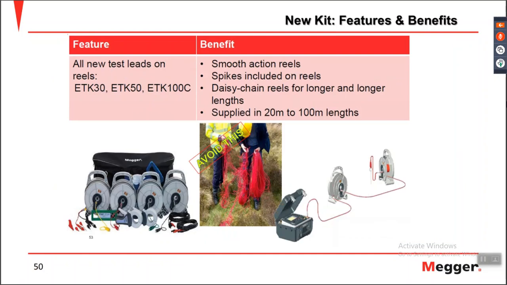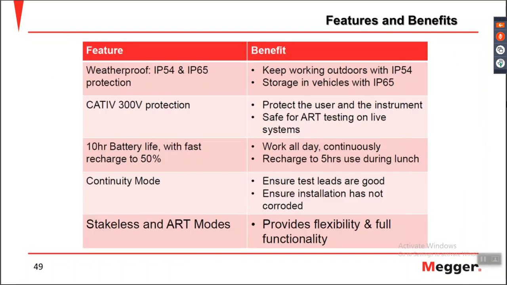And other features and benefits: weatherproof IP54, and IP65 if the unit is closed, Cat IV 300 volt protection, and 4 hours battery life with fast recharge. Especially if you do long testing in the field, this is a very good instrument. It also has continuity mode, stakeless and RT mode.